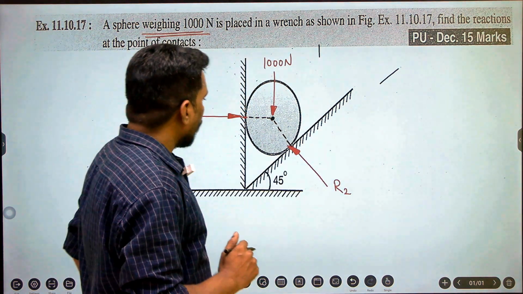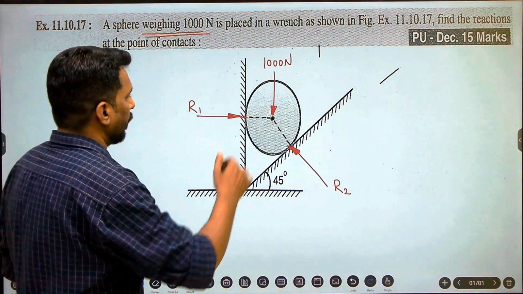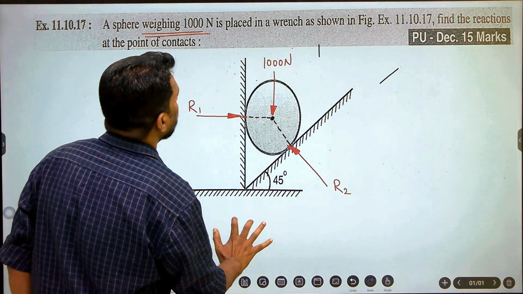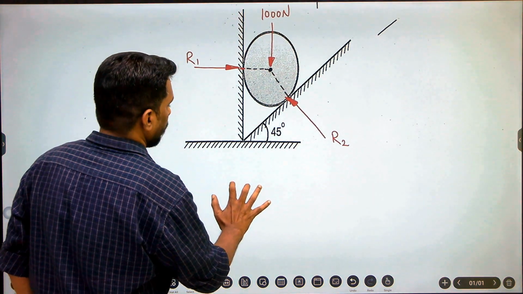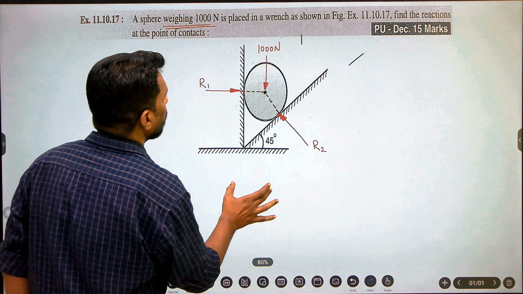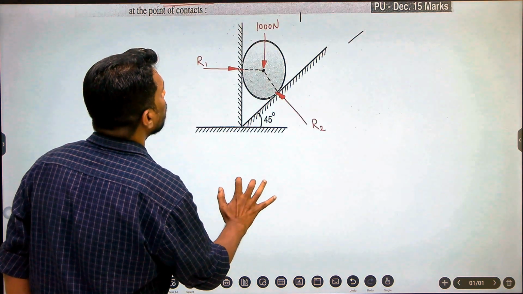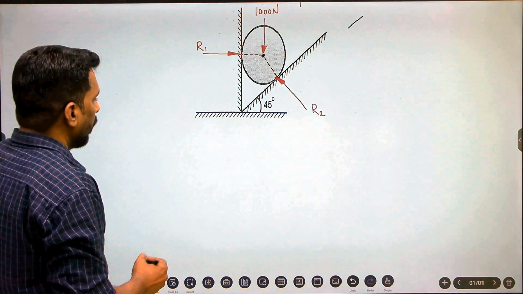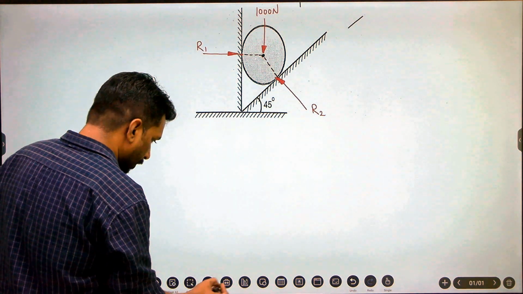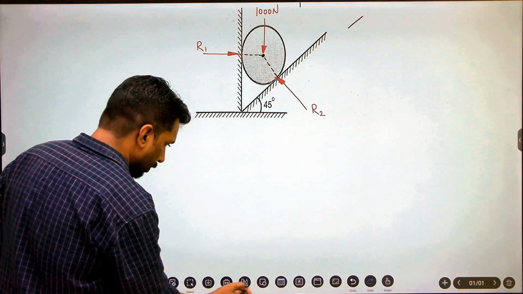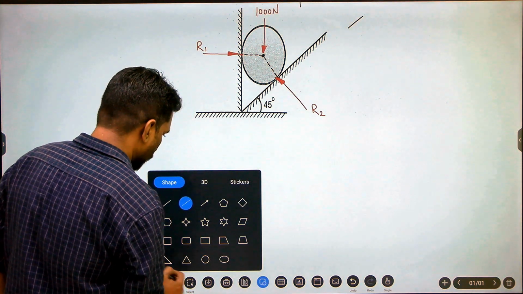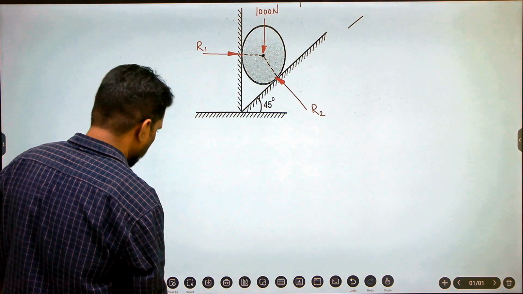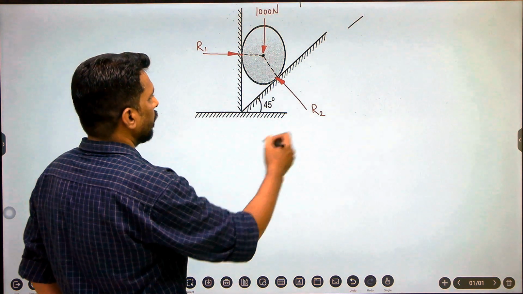Now the thing is that this is the FBD, so we have to draw it separately. I'll just move it ahead and make it smaller. Now here you can see, if I consider vertical and horizontal axis, I'll redraw the same figure.